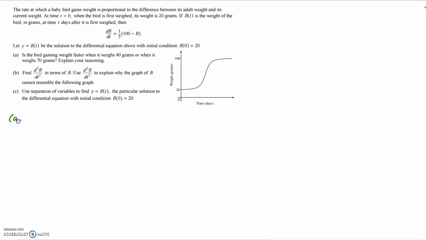So then part A is to calculate dB/dt when B equals 70. So just plugging in 70 for B and calculate dB/dt when B equals 40.